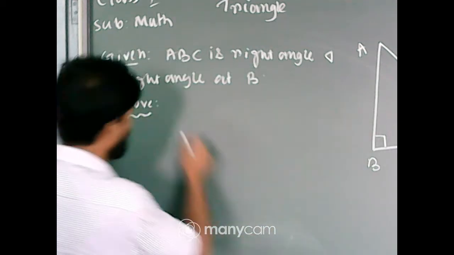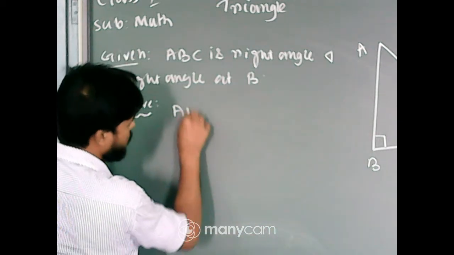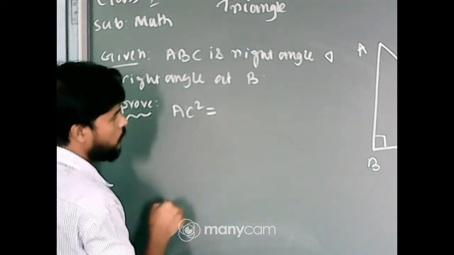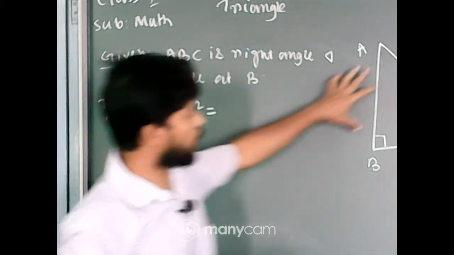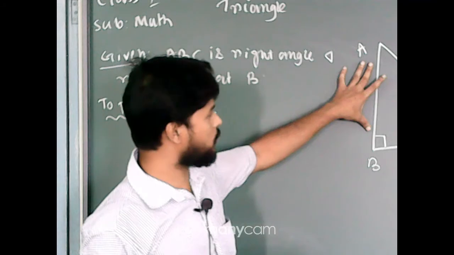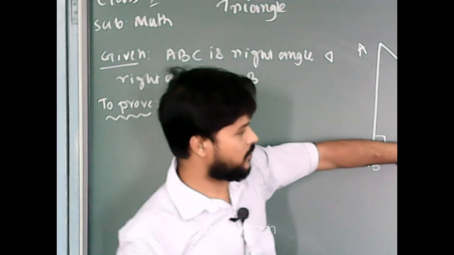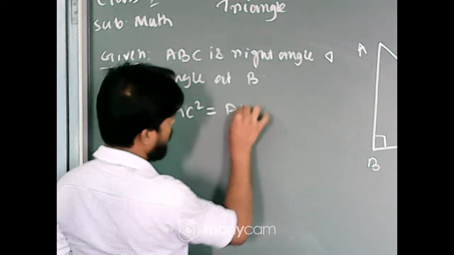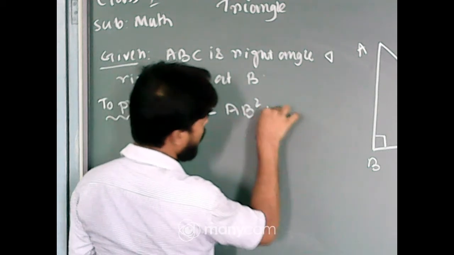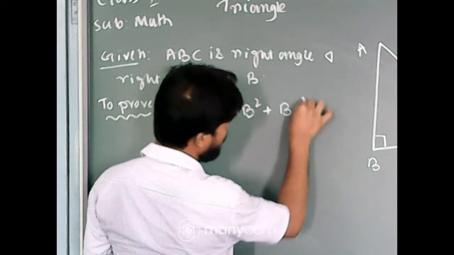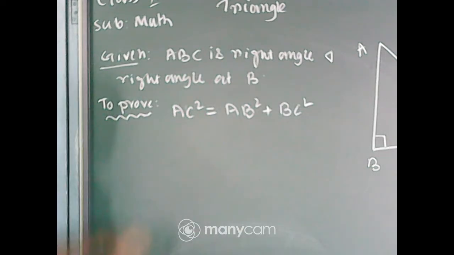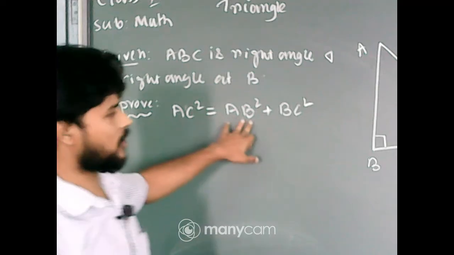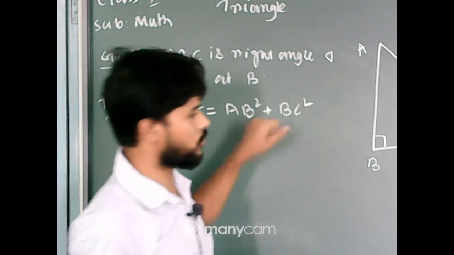So we have to prove that the hypotenuse square, meaning AC square, is equal to the sum of the square of the other two sides. Other two sides means AB and BC. So the sum of the square of these two sides, AB square plus BC square.